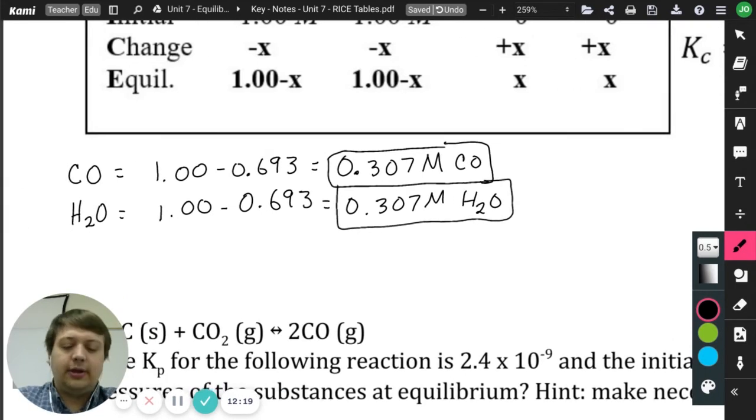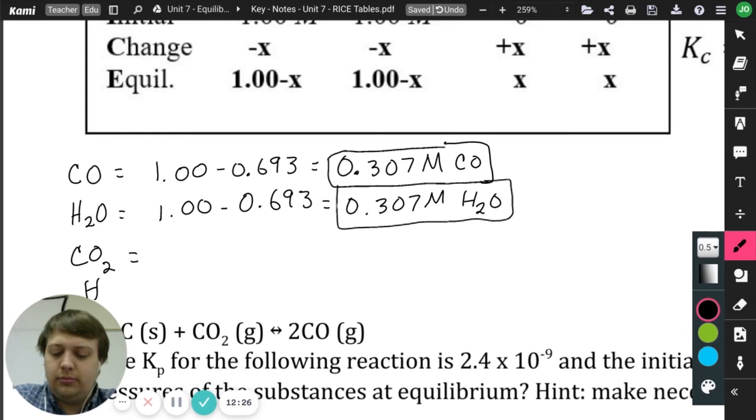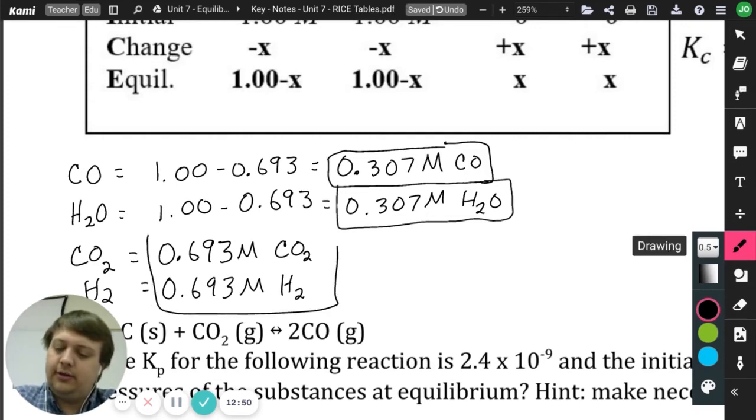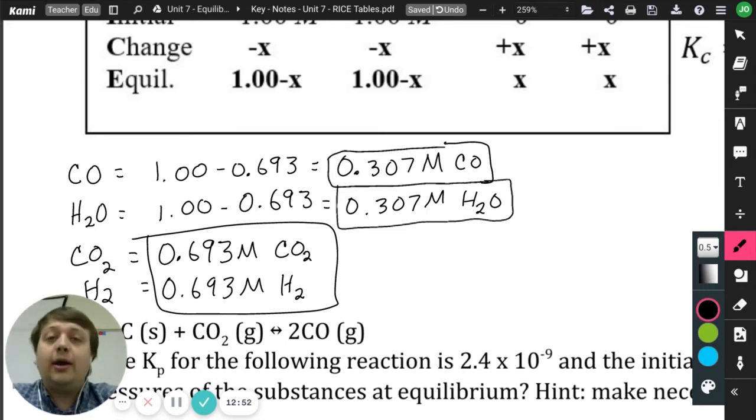And then I do the same thing for my CO2 and H2. So for them, it's just 0.693, right? Because that's my x value. Sorry, H2, not H2O. These would be my answers there. And so that would be me solving through that entire problem, okay?